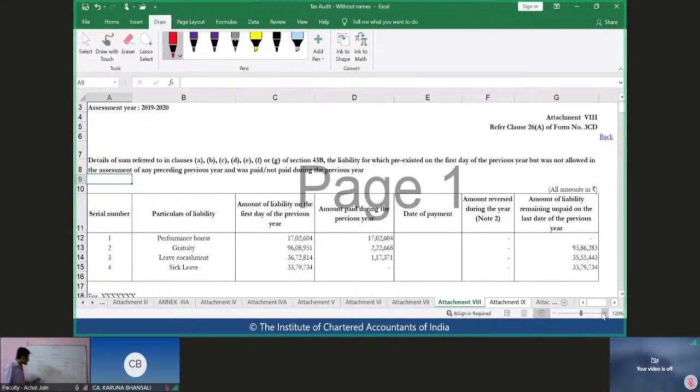Now these two clauses are interlinked. Why? Because in the first clause, I am just reading this point once again. Liability which pre-existed on the first day of the previous year but was not allowed in the assessment of any preceding previous year and was paid or not paid during the previous year.